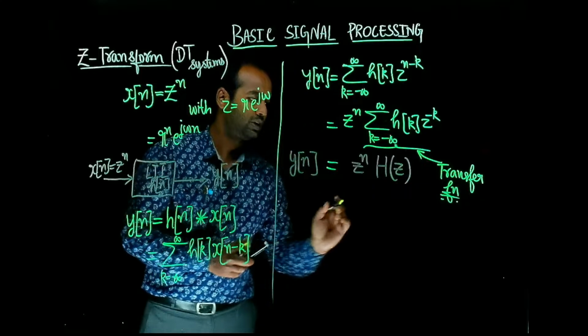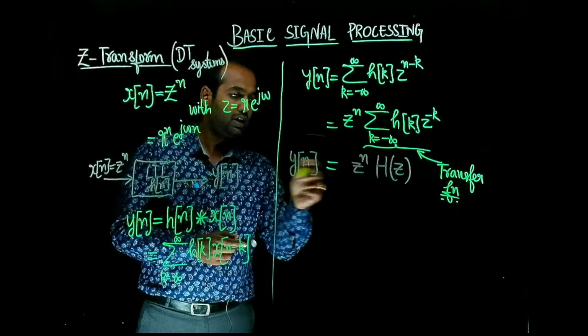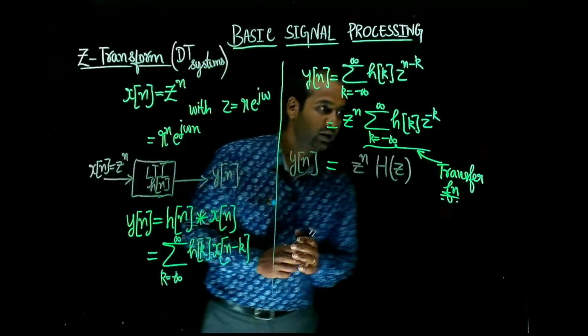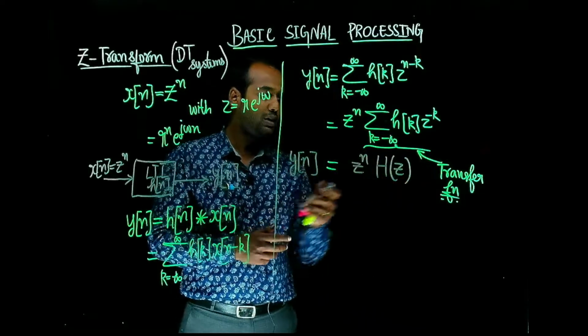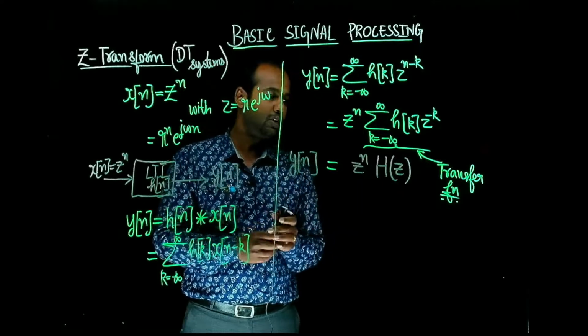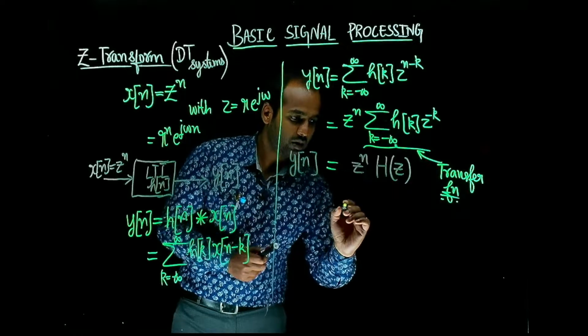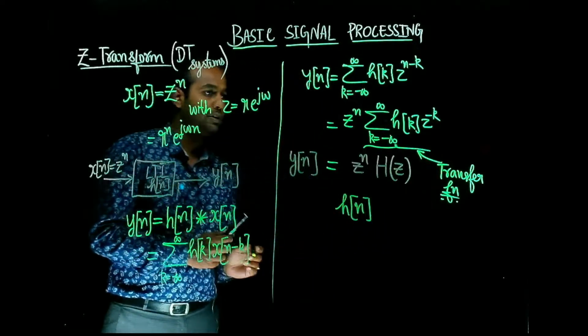Hence, this is also known as the eigenvalue, eigenfunction property of a discrete system, where the output is the same as the input applied, only scaled by h of z, and we get y of n, the discrete output.